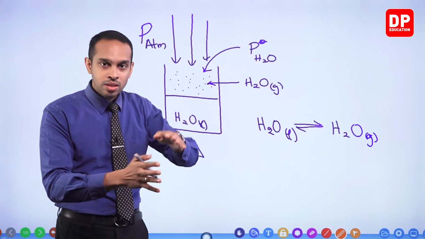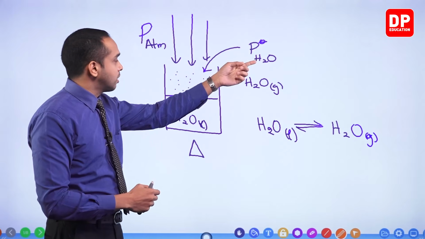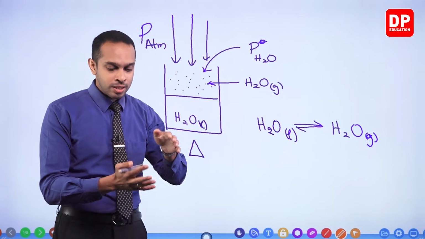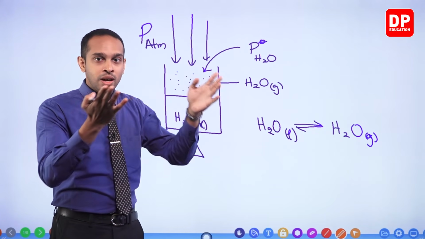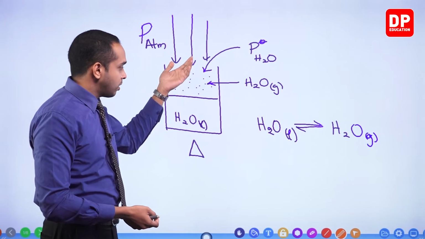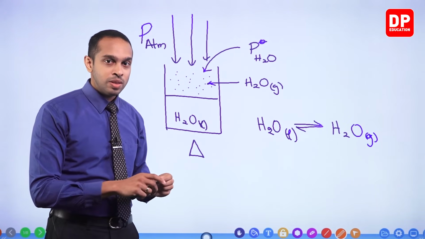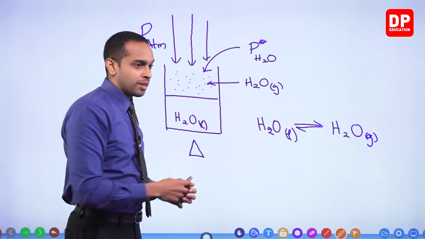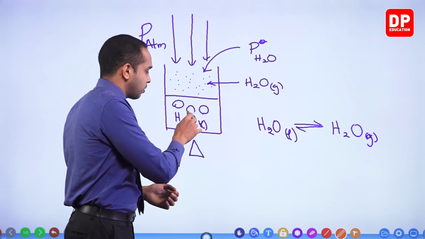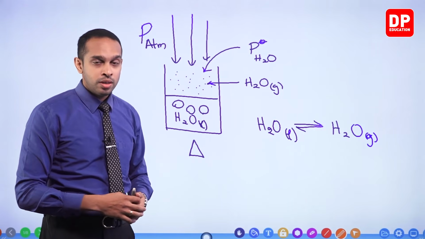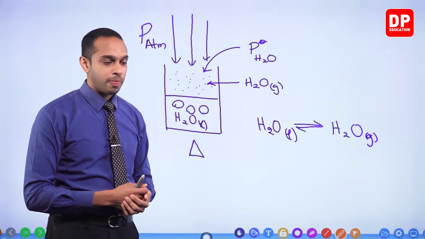So basically, students, when the saturated vapor pressure becomes equivalent to the atmospheric pressure, these two pressures will have the same magnitude, so they cancel out. So at that point there will be no pressure keeping this water in the liquid state. We say they turn into gases, and you can actually observe this because there will be bubbles formed within the water volume here, and you can see the water starting to boil, right?